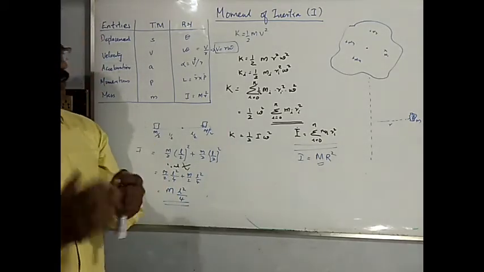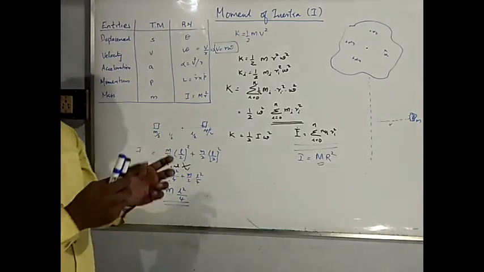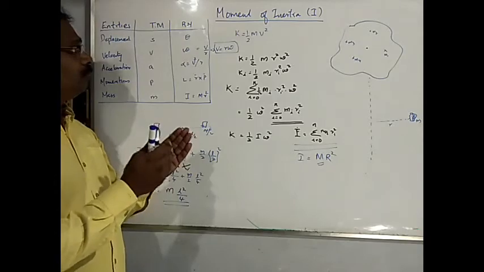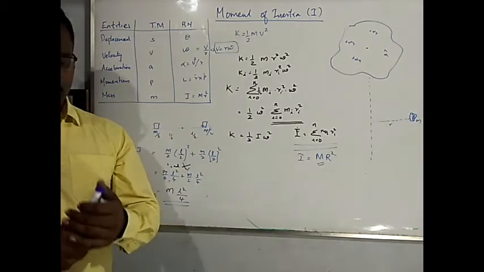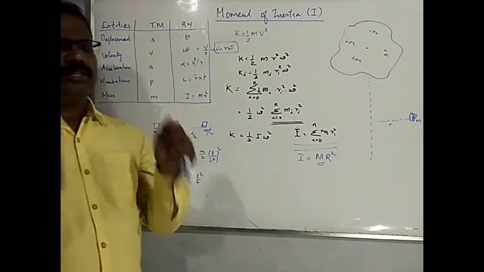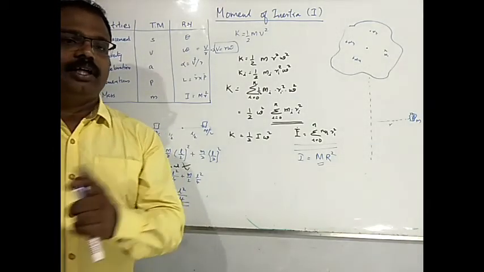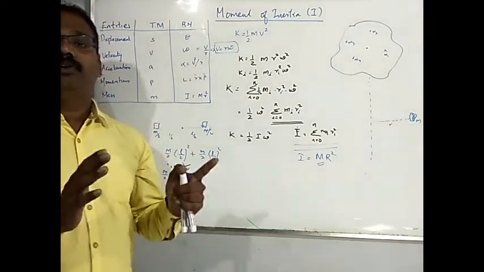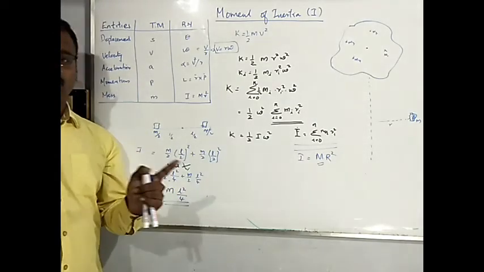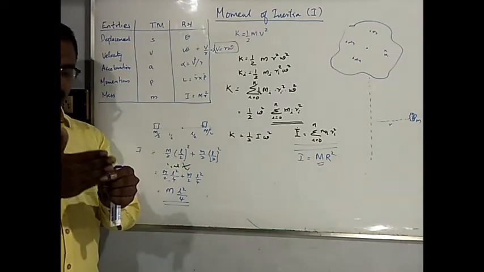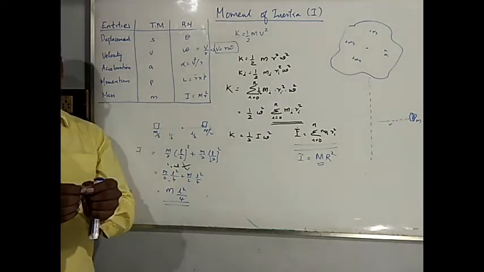What is the difference between mass in translation motion and moment of inertia in rotation motion? In translation motion, the mass is a constant, but in rotation motion, the moment of inertia is not a constant, but depends on the distance of the point from the axis of rotation.